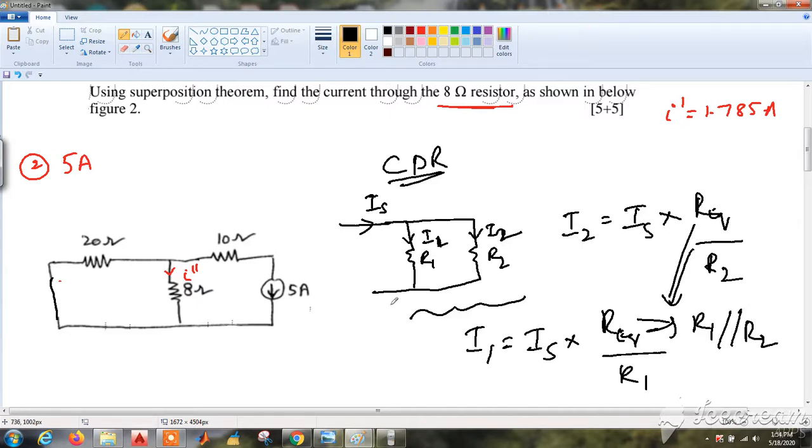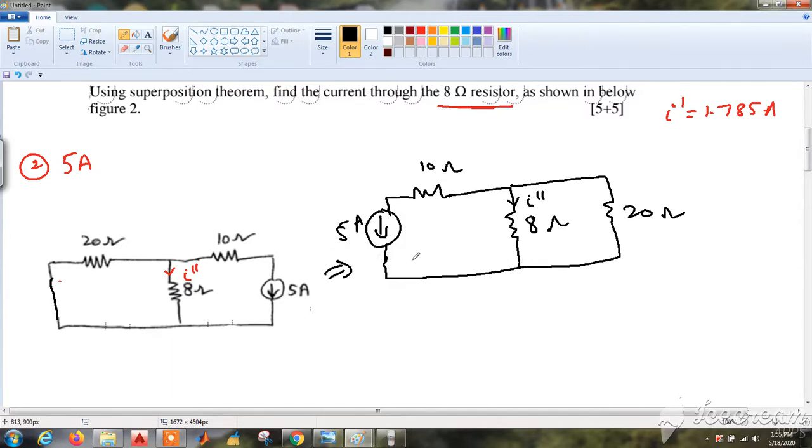Now let us apply this current division rule to our circuit. You can see that I have flipped the circuit. This is the same circuit only, don't confuse. I have just flipped it. We see that our source current is not in this direction, it is opposite in direction.